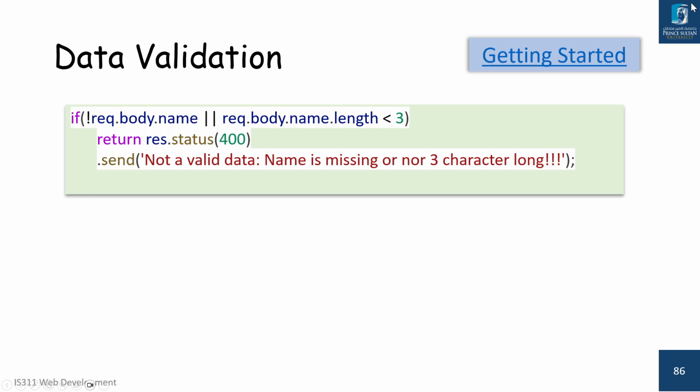For example, if we need the name property to be there, and the length of that name should be greater than or equal to 3, then we can validate this data and return response dot status equal to 400 dot send.